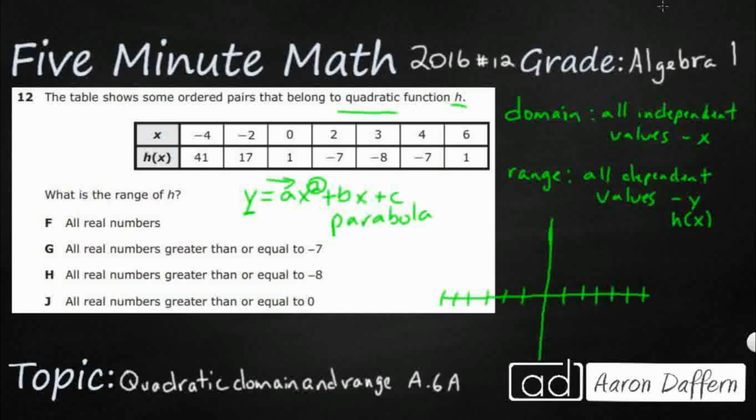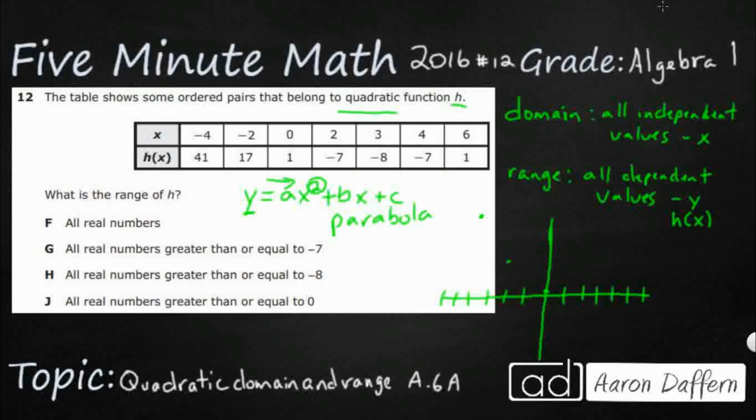So I got a -4, and that h of x is 41. We're not going to count by ones up here, but we'll put this 41 right up there. Then we got a -2, and that's going to be 17. So that's going to be a little bit more than halfway down. Then we've got a 0 and a 1. That's basically right there, just a hair above the origin.